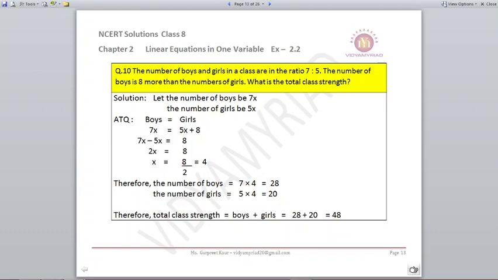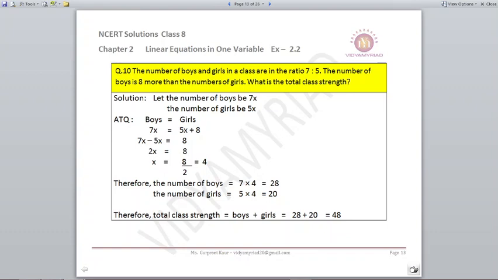Now suppose I say boys are 28 and girls are 20, for example. If I want to put an equal to sign, can I put boys equal to girls? No. I have to balance them. So what I will do is put 8 with the girls to make it equal.